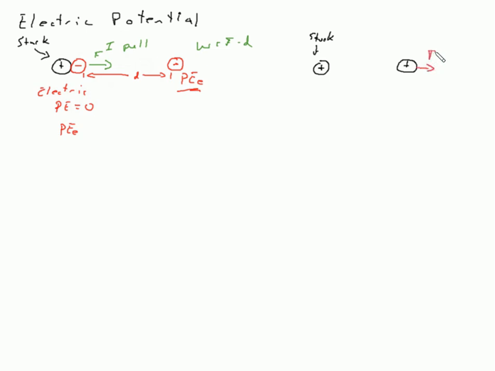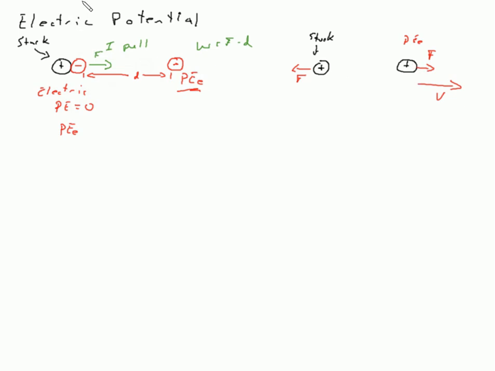There'll be a force pushing this one and a force pushing that one, but we don't actually have any movement here because it's stuck. So this one here is going to have a force and take off in that direction. It has the potential to move farther away from this. So there's some electrical potential energy in this case. And it can push off, going on past what I can even see on the screen.